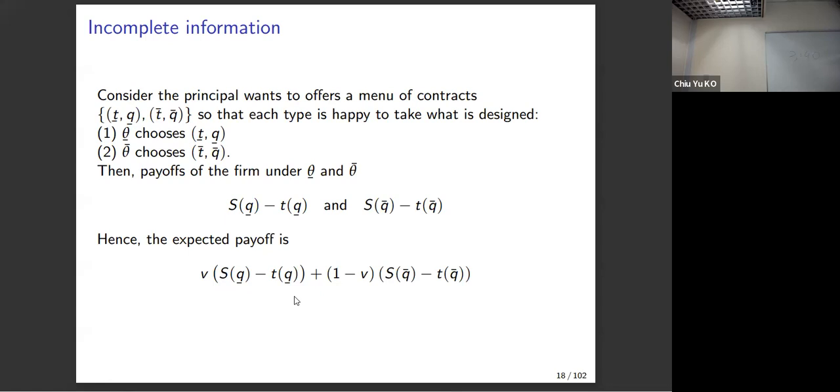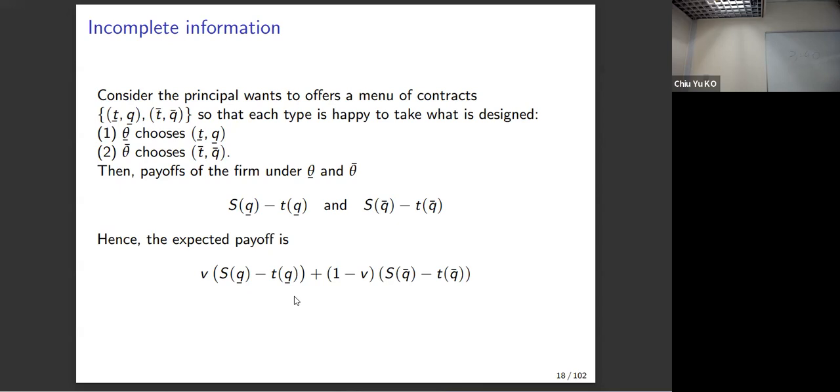Instead of making T and Q a function, we decide a contract for the low type and a contract for the high type, such that the low type chooses the contract you design, and that would be optimal. We will tell you why this is true.